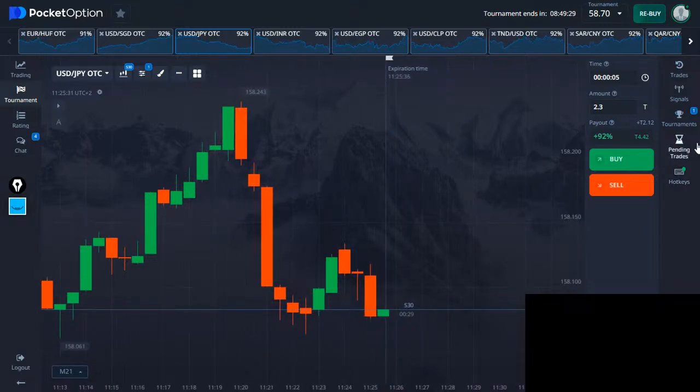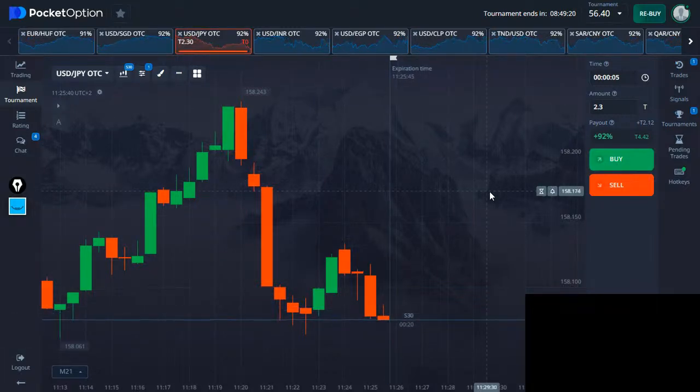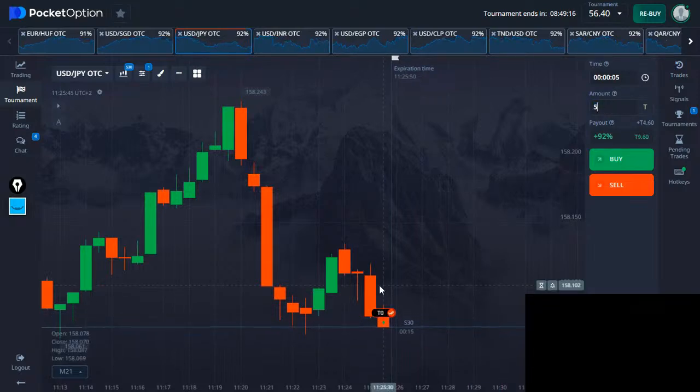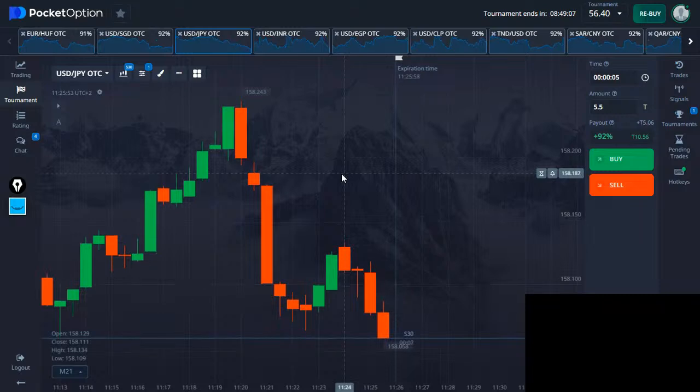We have green, green, green. We go for a buy. Put back on us. So we'll increase the trade amount to 5.5. Let's see the next bar.